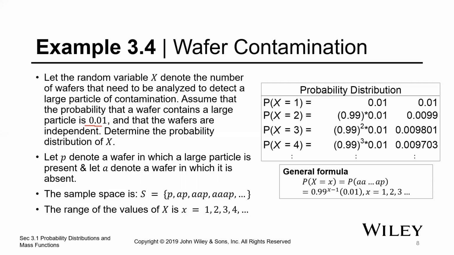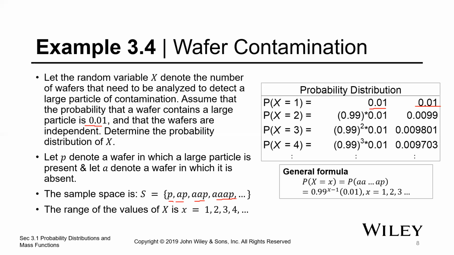So at x equals 1, we have a probability that 1 occurs right there, 0.01. P is a wafer in which a large particle is present, and A is a wafer that is absent. So our sample space is P, AP, AAP, AAAP. You're just adding another wafer that doesn't have one.